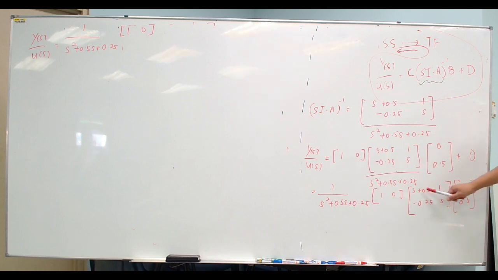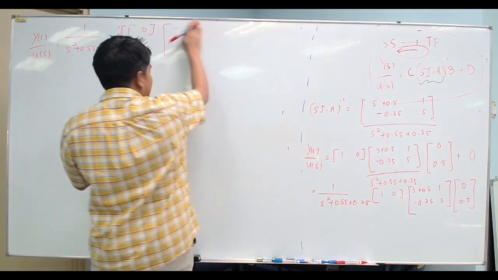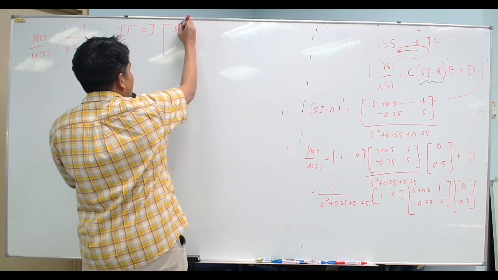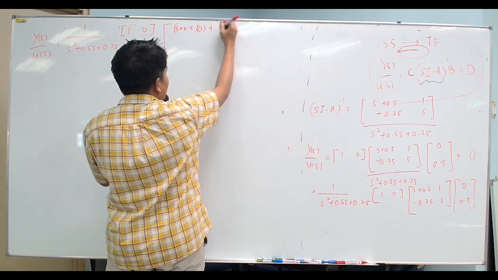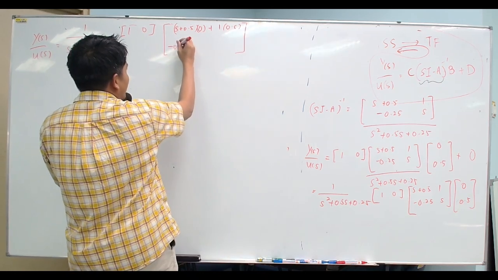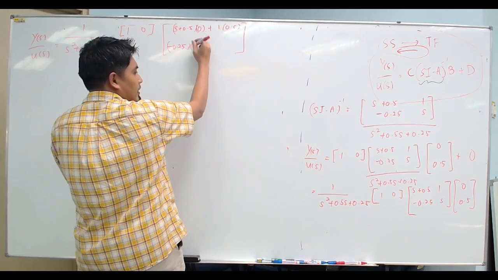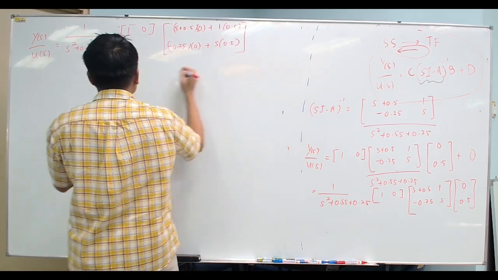So you need to multiply these two matrices first, which is S plus 0.5 multiplied with 0, plus 1 multiplied with 0.5. So the first entry is 0.5. The second part is negative 0.25 multiplied with 0, plus S multiplied with 0.5, which gives 0.5S.